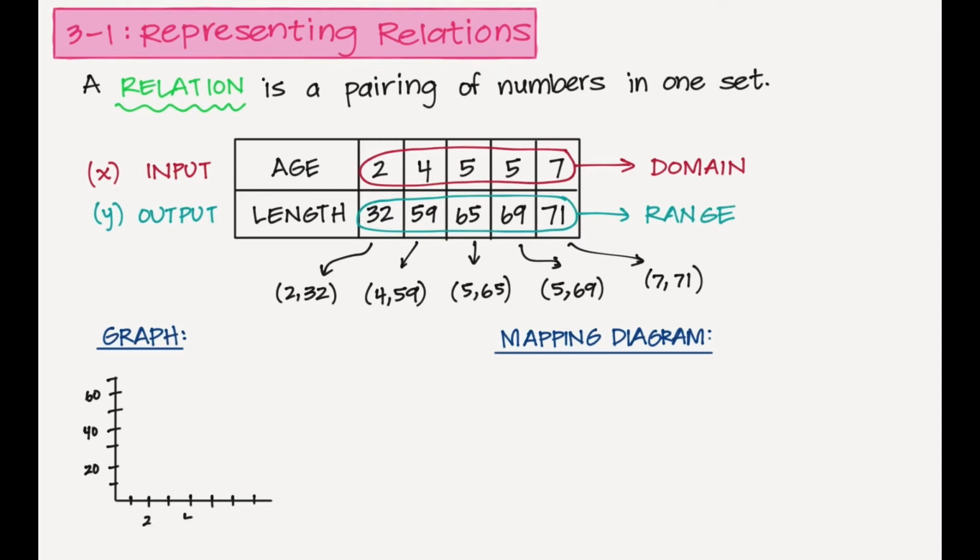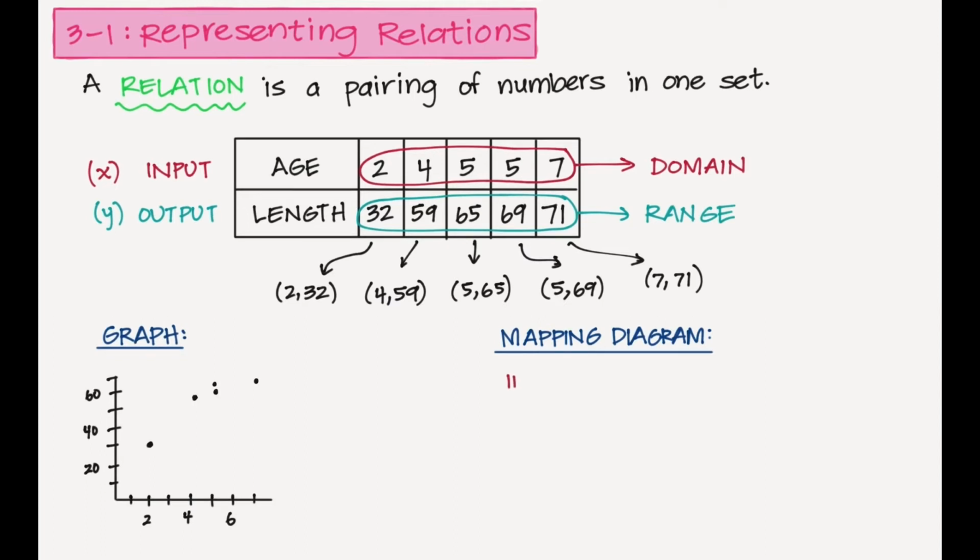So I'll label 2, 4, 6, and so on. And now I can plot all of those points. So I have (2, 32), (4, 59), (5, 65), another (5, 69), and then (7, 71). So there's one representation of this relation.